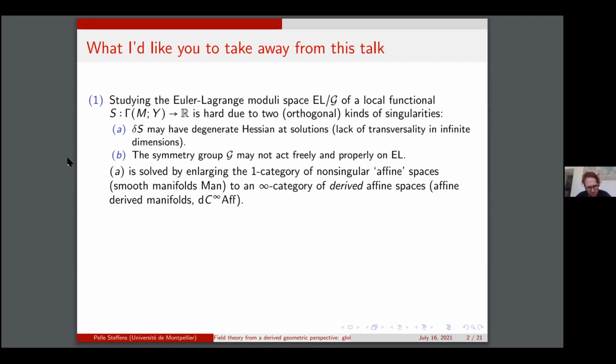So in the framework I'm going to talk about here, we solve problem A by enlarging the category of non-singular affine spaces, which in our case is smooth manifolds, to an infinity category of derived spaces, which are called the affine derived manifolds. And I will define what these are in due time.